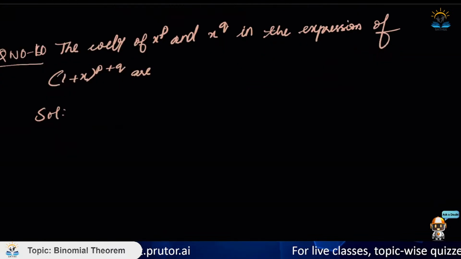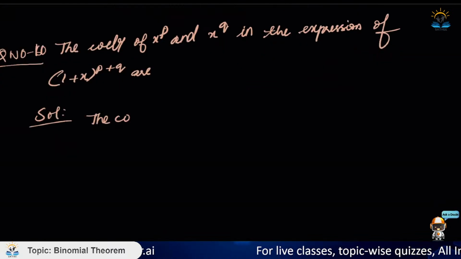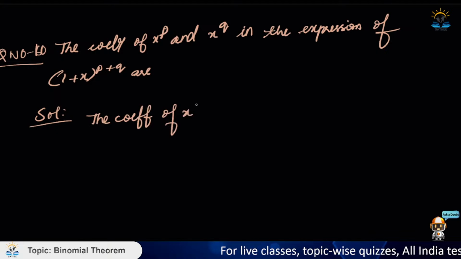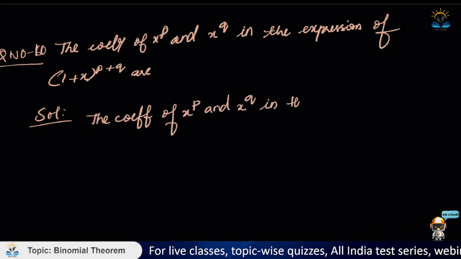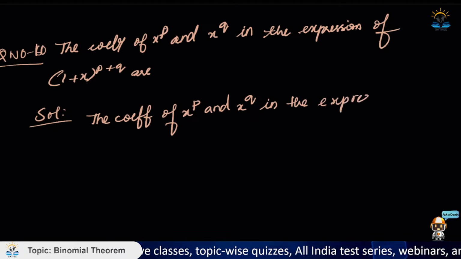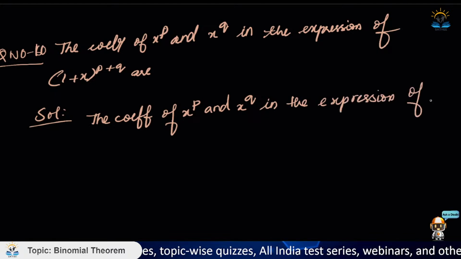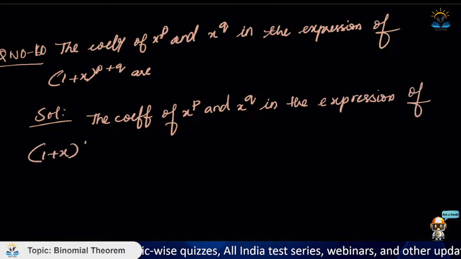Now the solution: the coefficients of x to the power of p and x to the power of q in the expression of (1 plus x) to the power of p plus q.